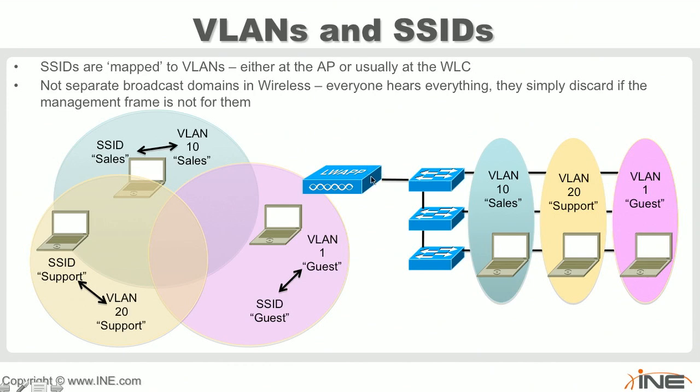So send that across a trunked port from my AP, or probably from my wireless LAN controller, and send that into the trunked VLAN of VLAN 10.